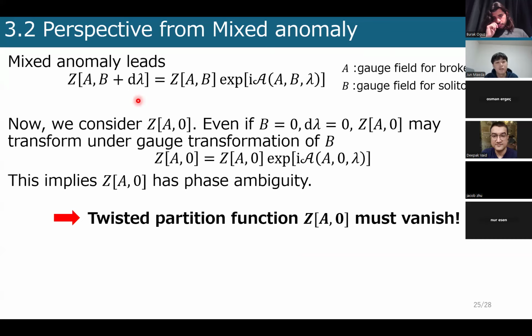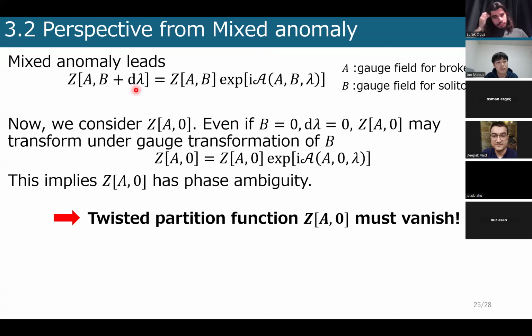We consider the partition function with background gauge fields for the broken symmetry and the solitonic symmetry. The existence of a mixed anomaly implies that if we do a gauge transformation of V, then this partition function gets some extra phase. Here we want to consider not Z_AB, but Z_A0, because we do not want to consider a gauge field for the solitonic symmetry. So we choose B to be 0.